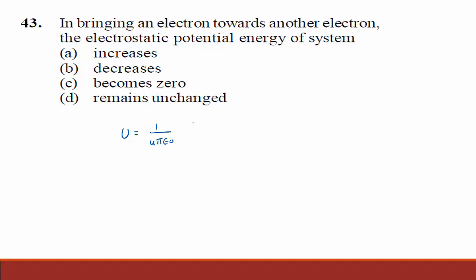Here there are two electrons. So we can write electron, it is having negative charge, minus E into minus E divided by R. So what we can get here? 1 by 4 pi epsilon naught, minus E into minus E will be E square divided by R. So that indicates the electrostatic potential energy of the two electrons placed at the separation R from each other increases when one electron is brought towards the other and the separation R decreases.